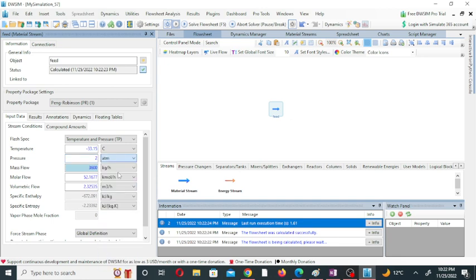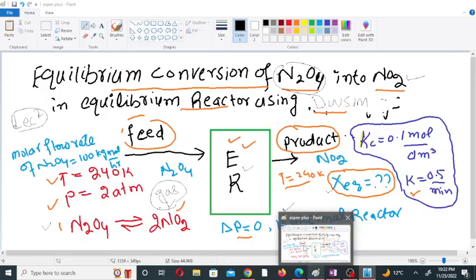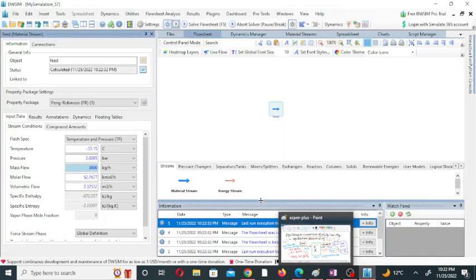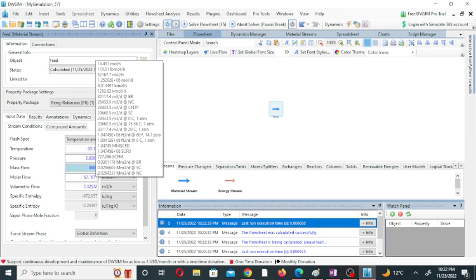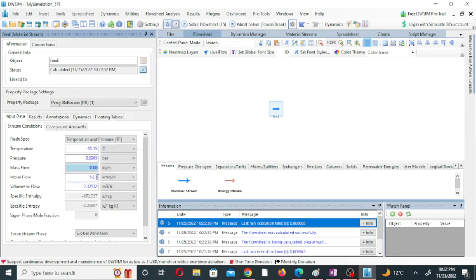So 2 atm is the pressure, and the molar flow rate of nitrogen tetroxide given in the question is 100 kilomole per hour. We will go to the molar flow rate, 100 kilomole per hour.